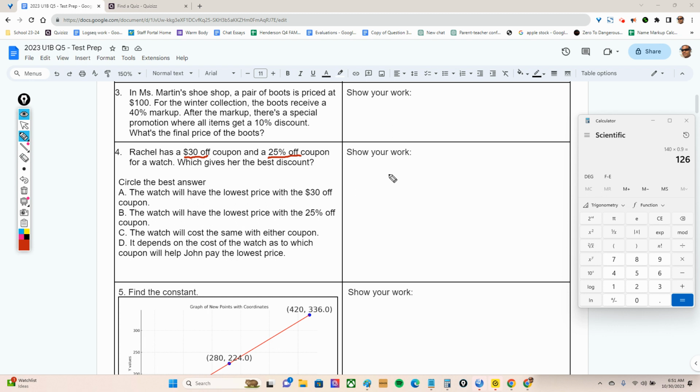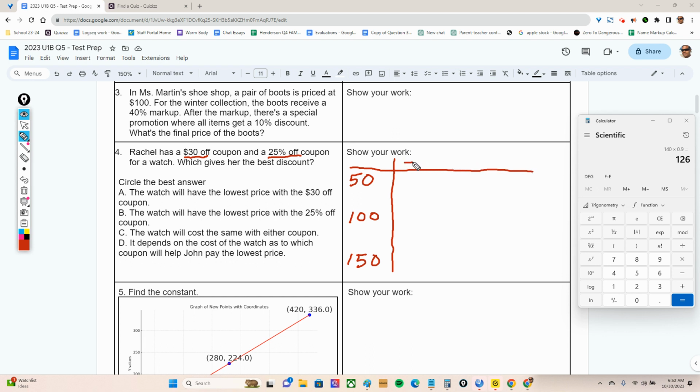Well, then, we got to do some different scenarios. So we'll do if the watch is 50, if the watch is 100, and let's say if the watch is 150. And then do a little line here like this.